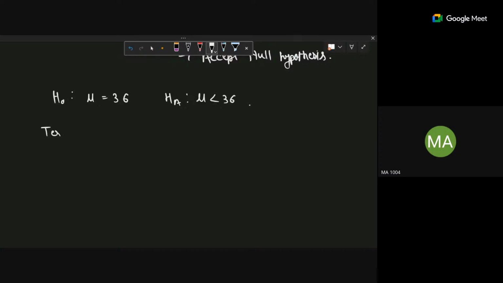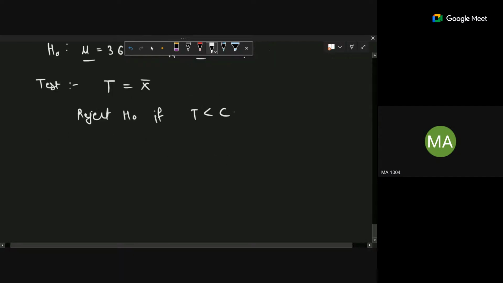So what will be our test statistic? If we are checking against the mean, then the test statistic will be x bar, if the xi's are our random variables, and sample mean. So reject H naught if, let's say, t is less than some value c.